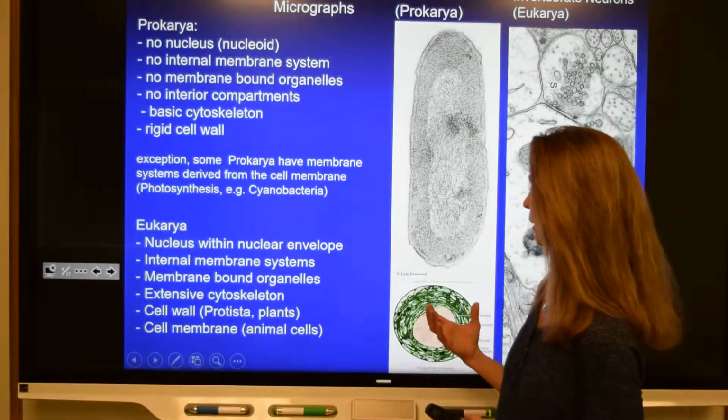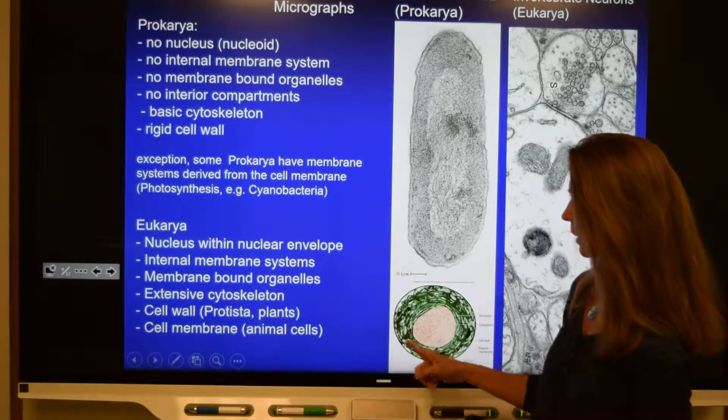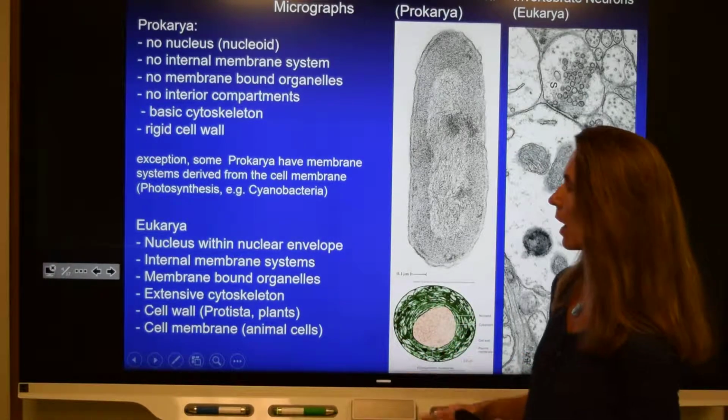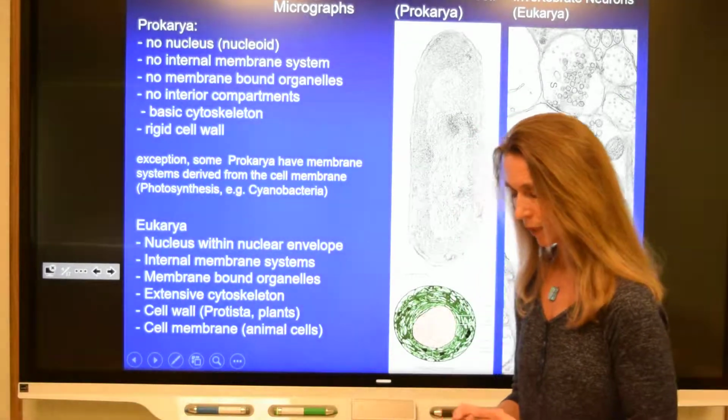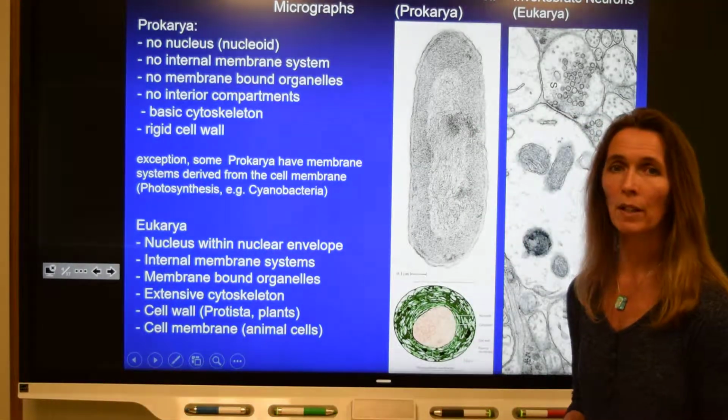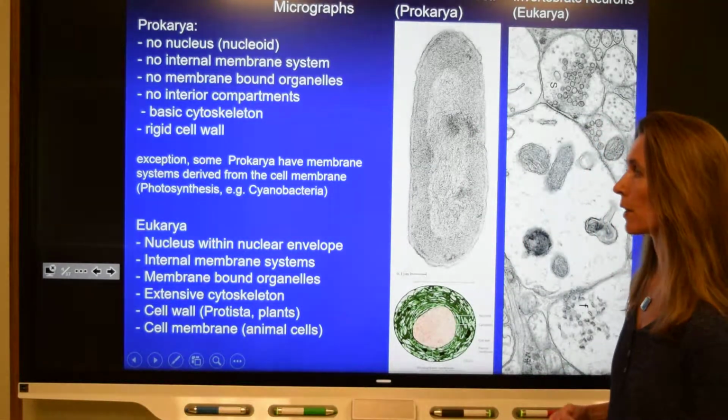It is believed that those cyanobacteria, and you see the membrane stacks here, are responsible for the enrichment of oxygen in our atmosphere early on in the history of life of this planet.